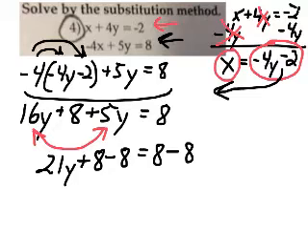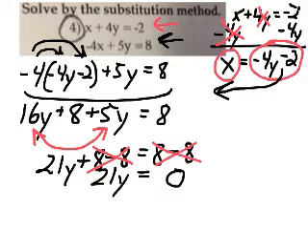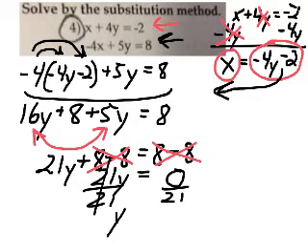Okay, so you can see the 8's cancel out on both sides, leaving us with a 0 on this side and 21y equals 0. Divide both sides by 21, and these 21's cancel, and 21 into 0 is 0, so y equals 0. Alright, now we stick that back into the equation.